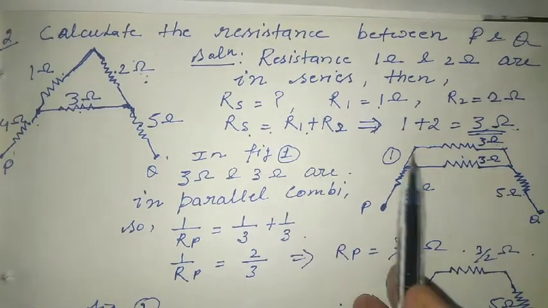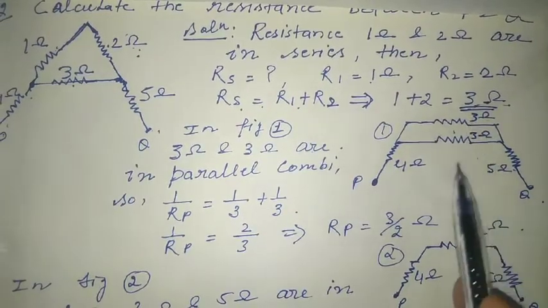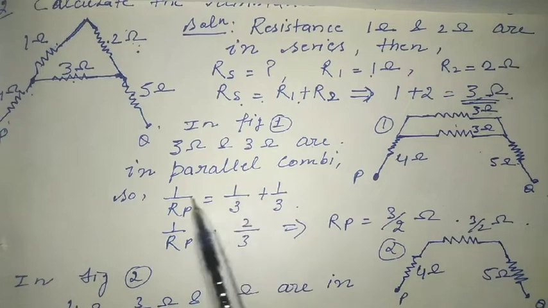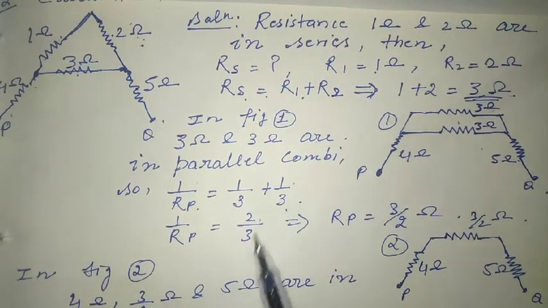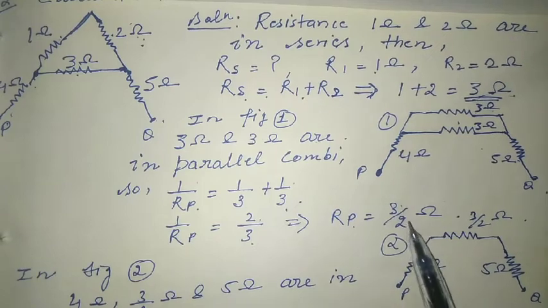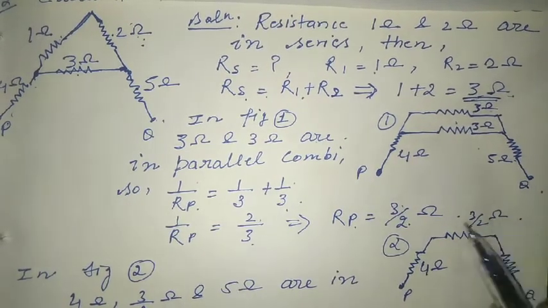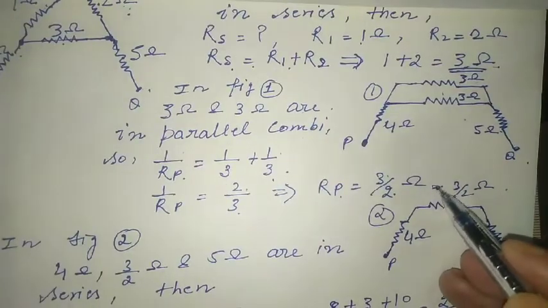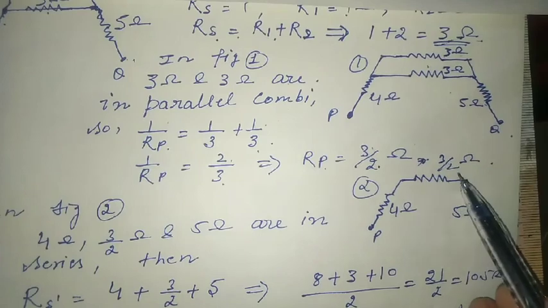Now in this figure we can see this 3 ohm and 3 ohm are both in parallel connection. So 1 upon Rp is 1 upon 3 plus 1 upon 3, the sum is 2 upon 3. So Rp is equal to 3 upon 2 ohm.